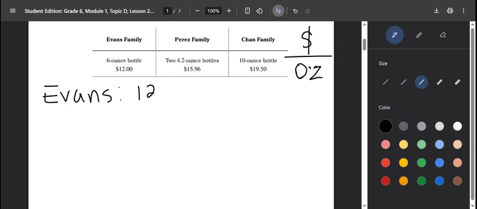So that's going to be 12 divided by 6 because we want money over the number of ounces. And then 12 divided by 6, of course, is 2. So the Evans family pays $2 per ounce of sunscreen.